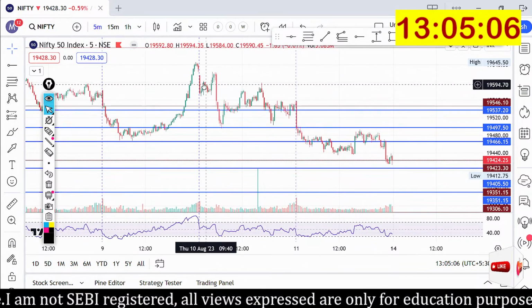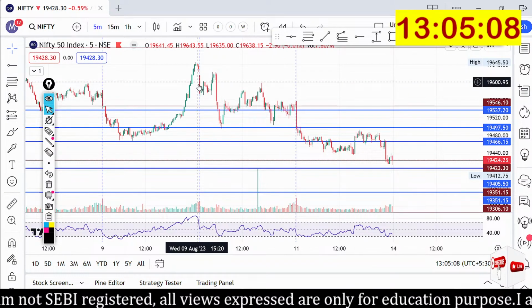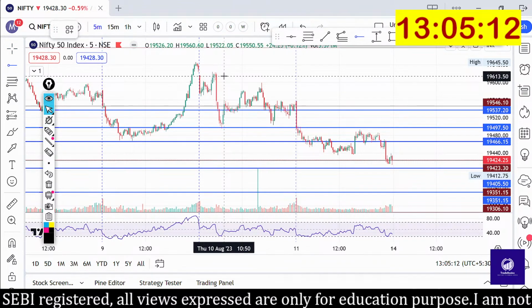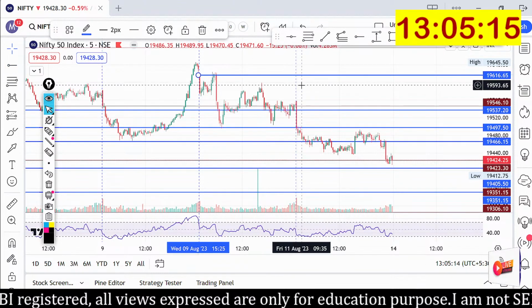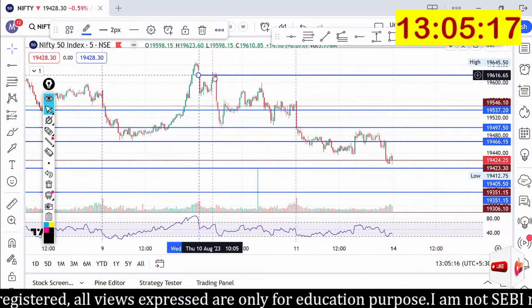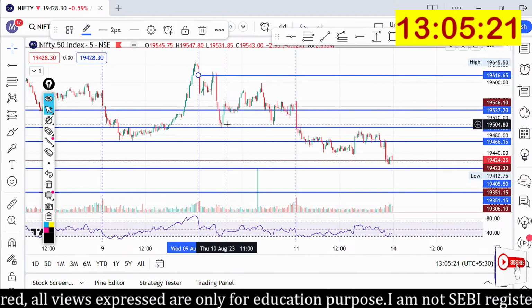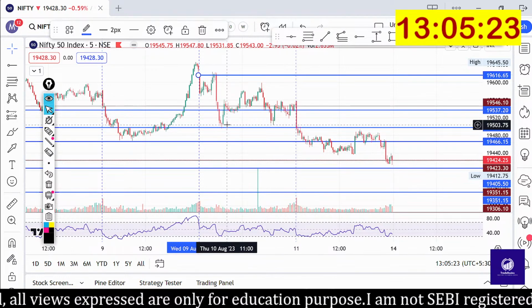Now look at this. In this place, this swing was formed again. Look at this. A straight fall, came to the support. How many times is it taking the support now?